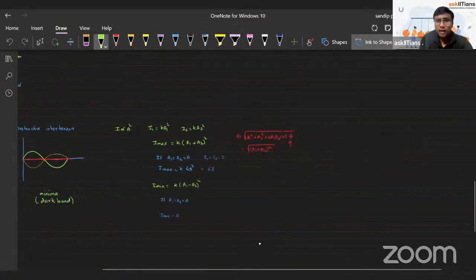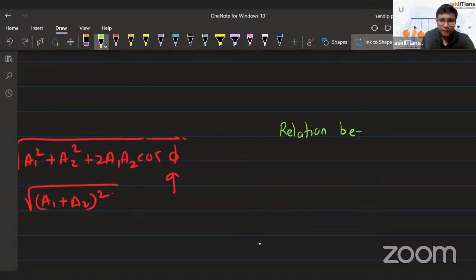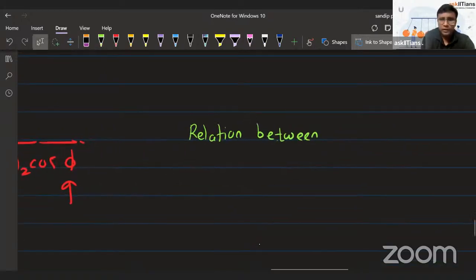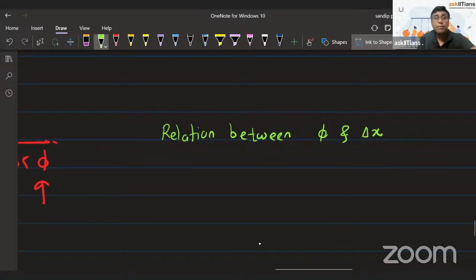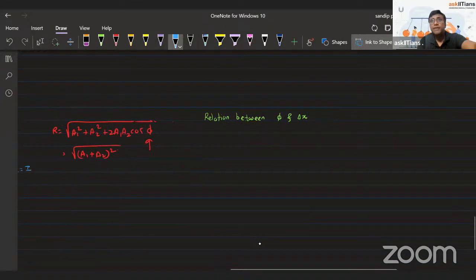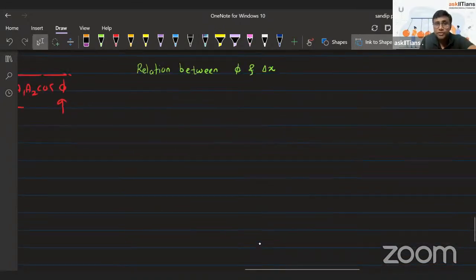Then one more small formula we can remember, which is handy to solve some simple numericals. That is a relation between the phase angle phi and delta x. Delta x is the path difference. So path difference means what? Let's say two lights are reaching the same particular point from two different sources.